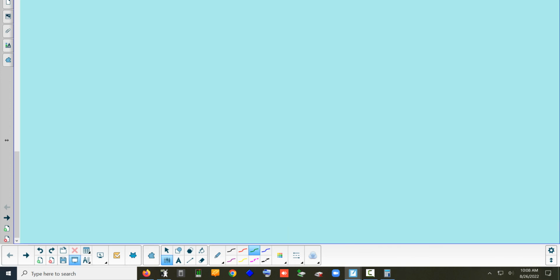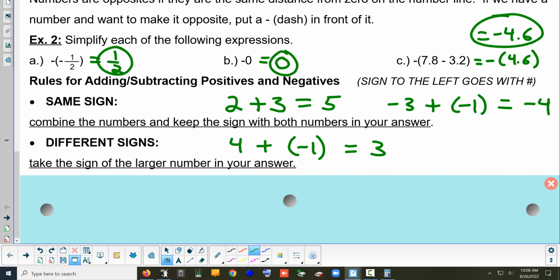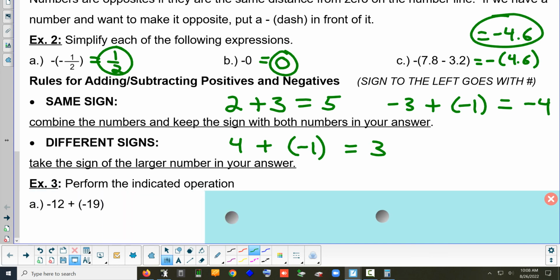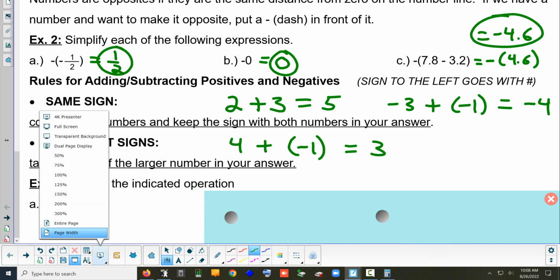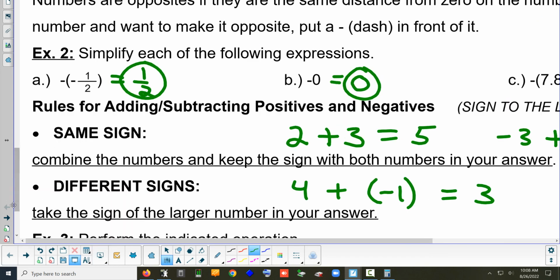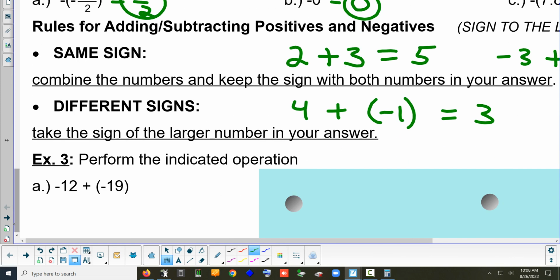All right. Let's try an example. Negative 12 plus negative 19. So, are we adding things together that have the same sign or opposite signs? Same sign. We're adding a negative to a negative.